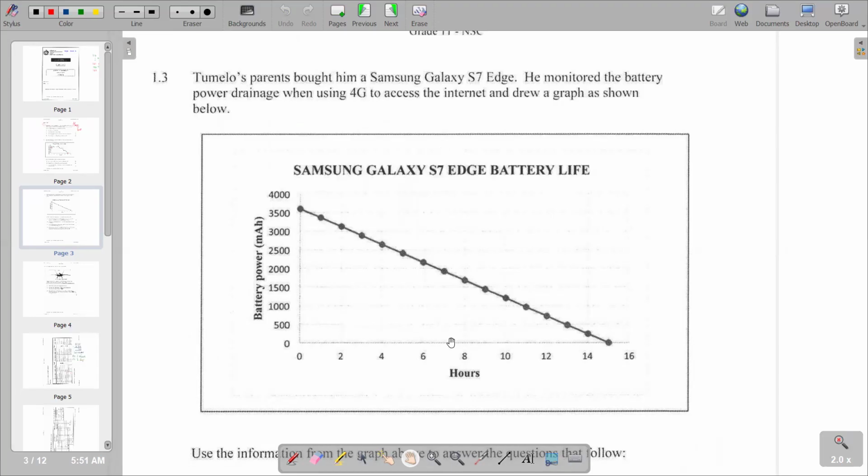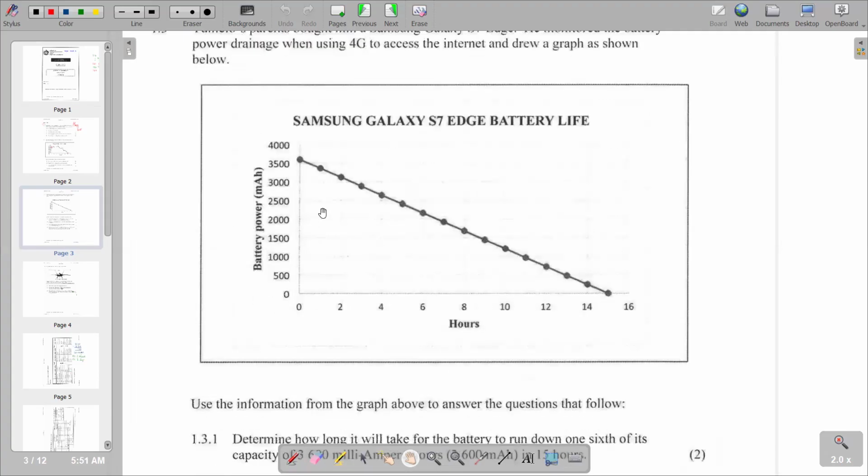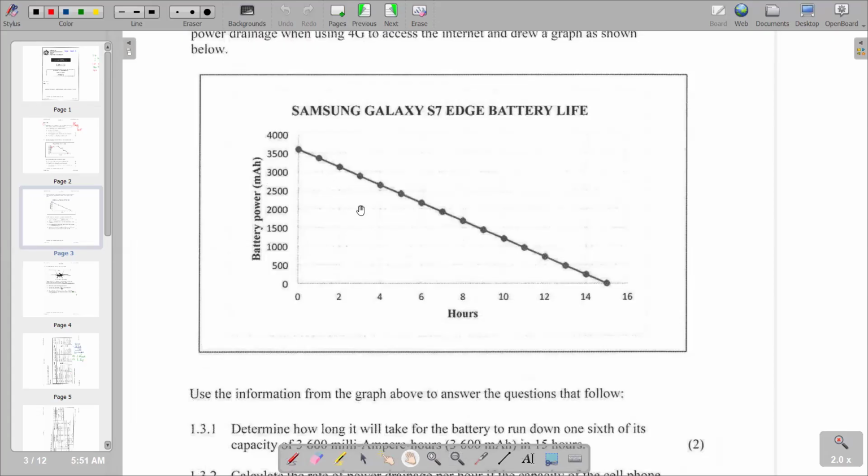We have our horizontal axis in hours, and our battery power in milliamp hours is given on the vertical axis, and then we are shown a negative slope, indicating the relationship between the hours and the battery power.